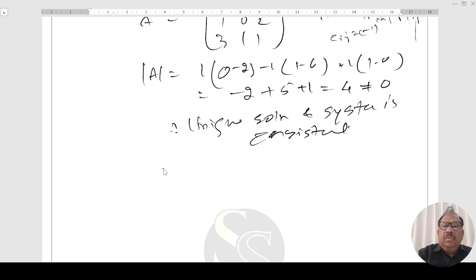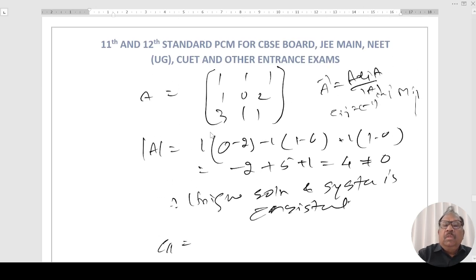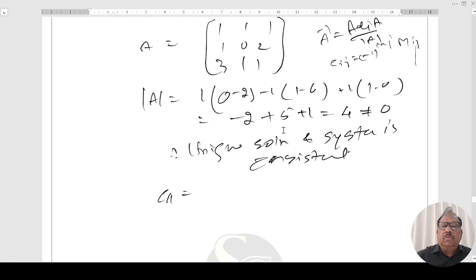Then C11 comes out to be 0 minus 2, that is minus 2. C12 comes out to be 1 minus 5, minus of minus 4, that is plus 5. C13 is 1 minus 0, that is 1. Right?